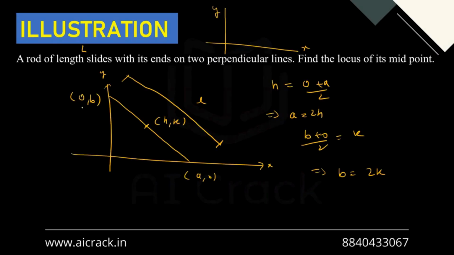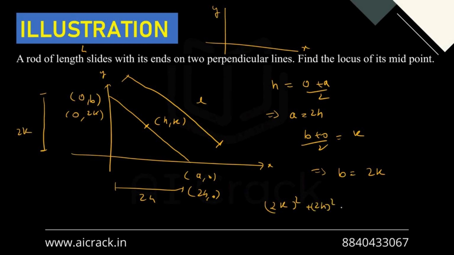So we have got coordinates over here, this is 0 comma 2k, and this is 2h comma 0. So basically this length is 2h and this length is 2k. So 2k square plus 2h square equals to L square with the help of Pythagoras theorem.